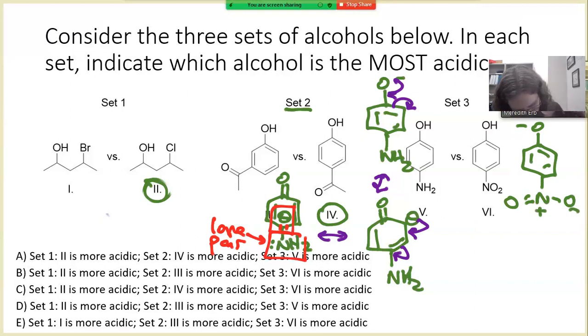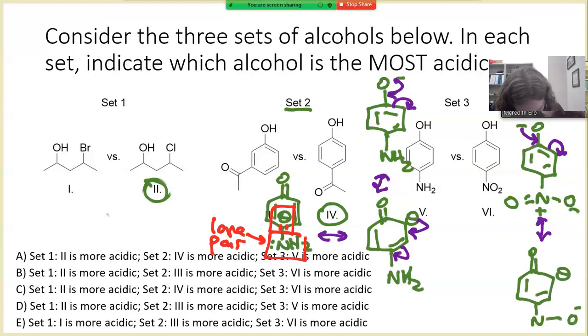When we draw the resonance contributors, we get this guy. And then we can move it over. So just like in the previous case, we're going to have the negative charge directly on that 4 position.